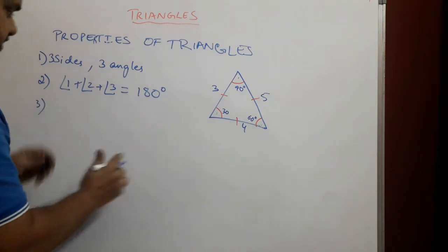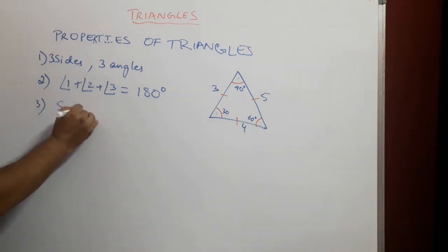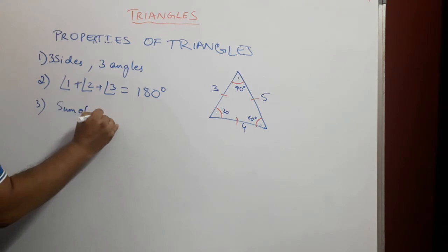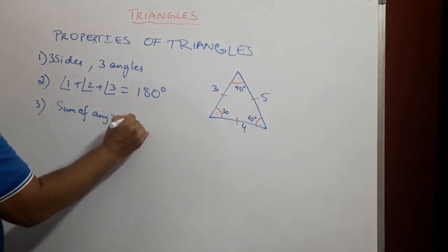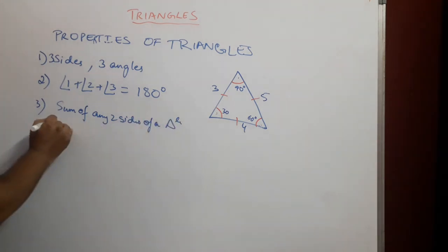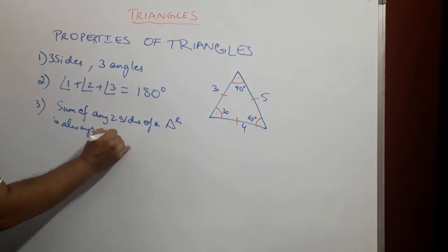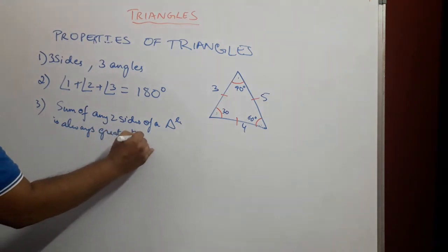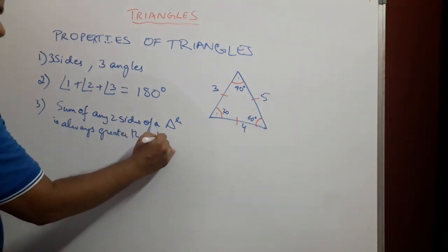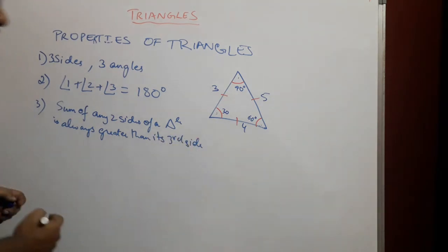Let us test this. We'll write this property first. Sum of any two sides of a triangle is always greater than its third side.